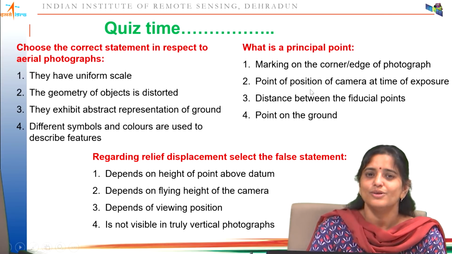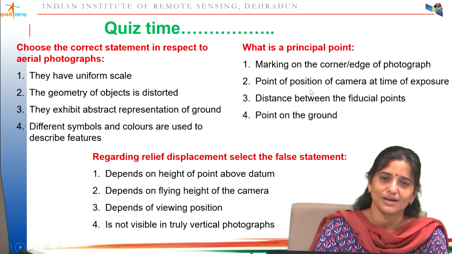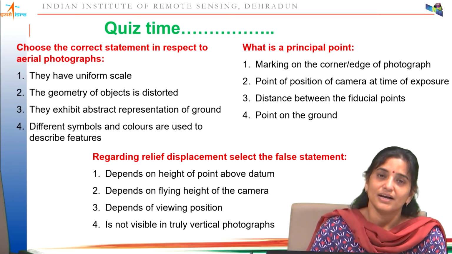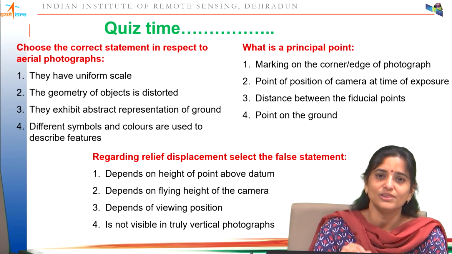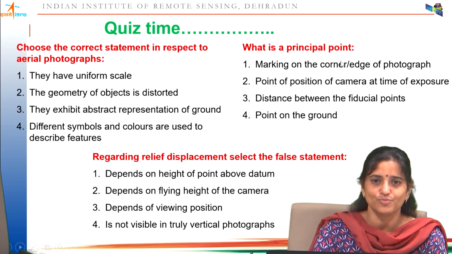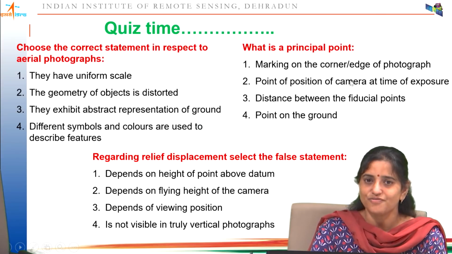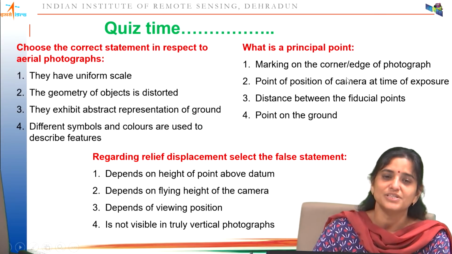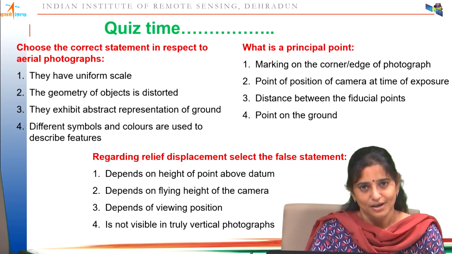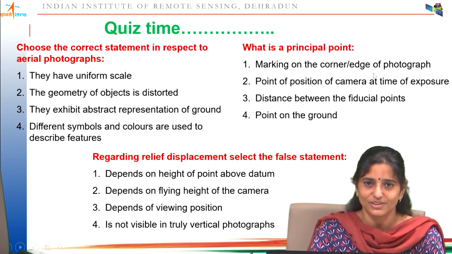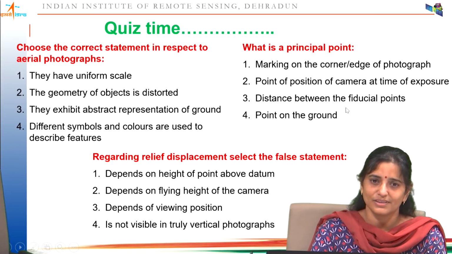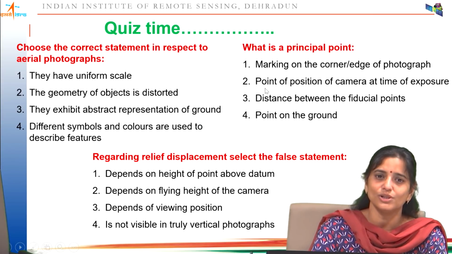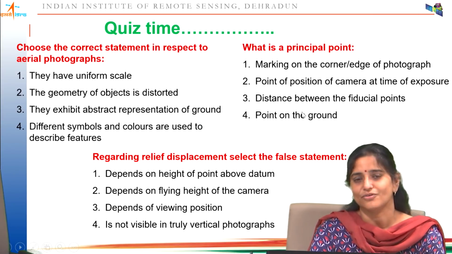The principal point is the position of the exposure station on the photograph, or where the optical axis intersects the photograph. So I'm sorry for this particular second question, all the options are wrong.